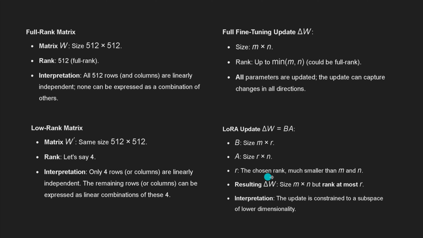Now, if we choose a rank R that is much, much smaller than m, and R is much, much smaller than n, then you know that the resulting delta W has a rank of at most R. So what does it mean? This means that the update of our new weight structure is constrained to a subspace of lower dimensionality.